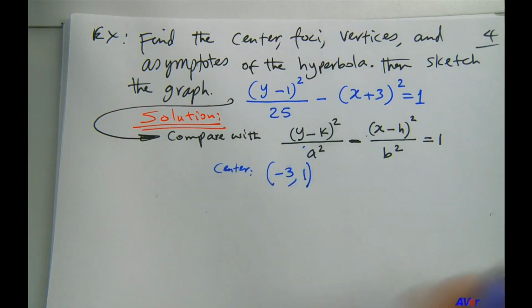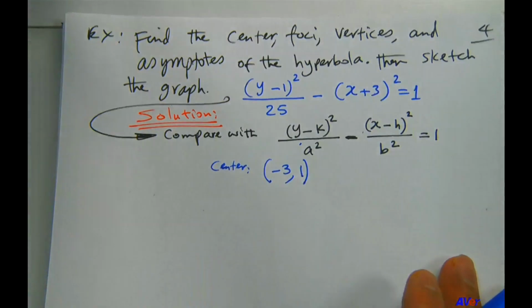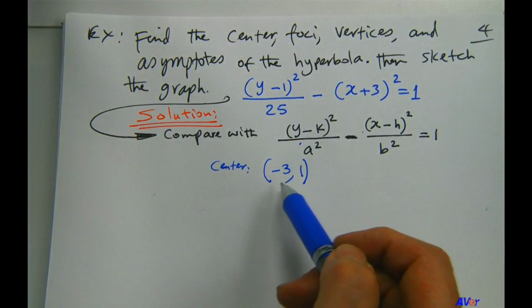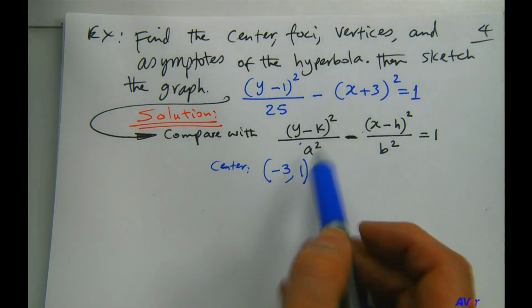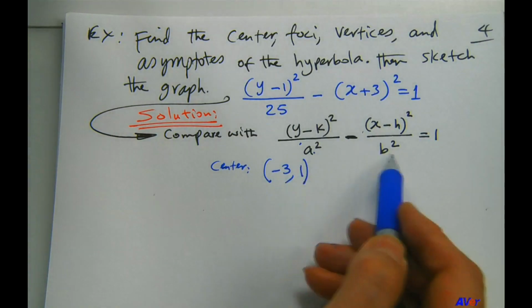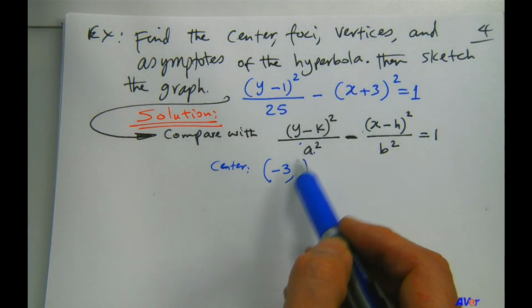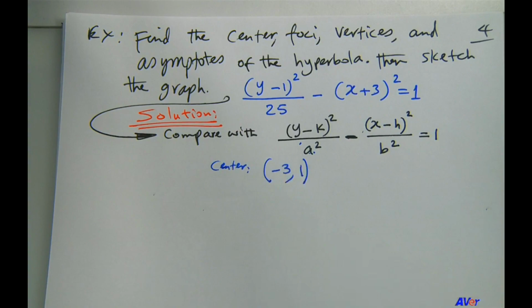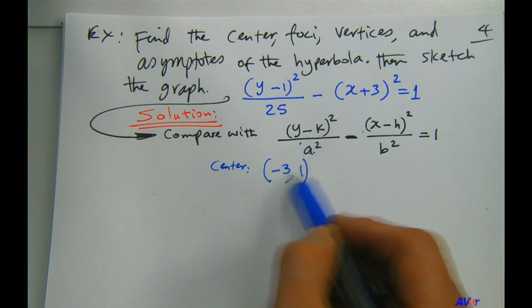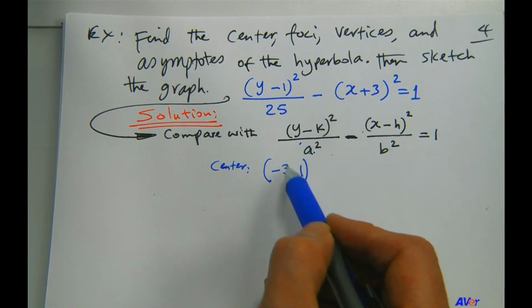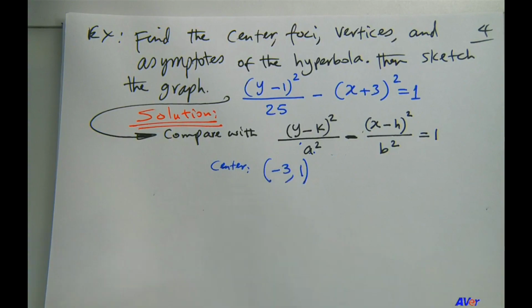So we have the center of the hyperbola. That's very important, because now a squared and b squared will be measured off of this center, not the origin anymore, right? They will be offset from this center.